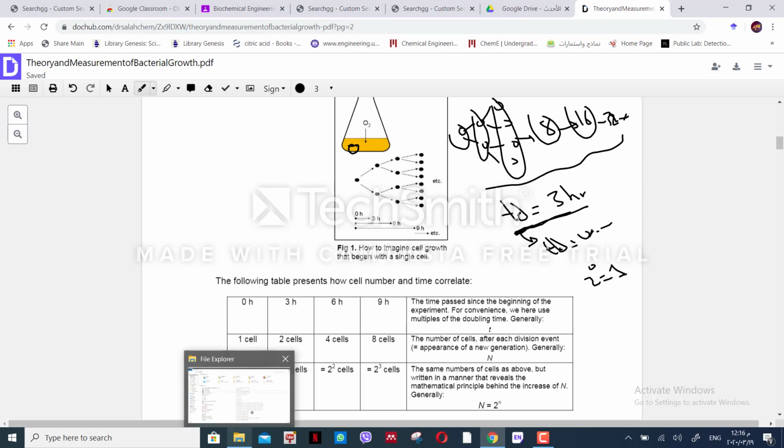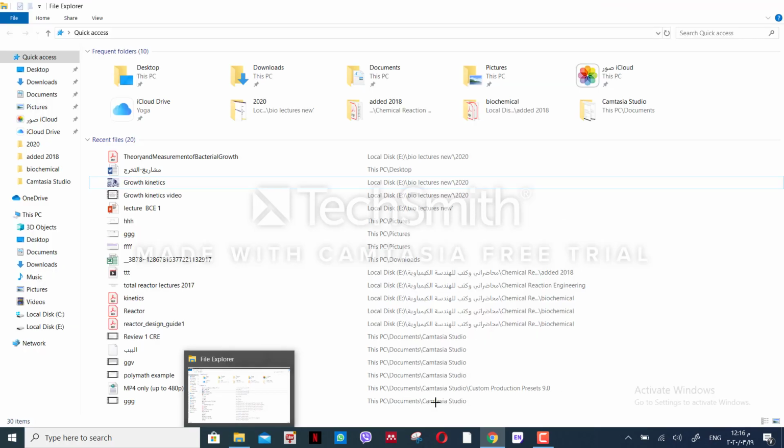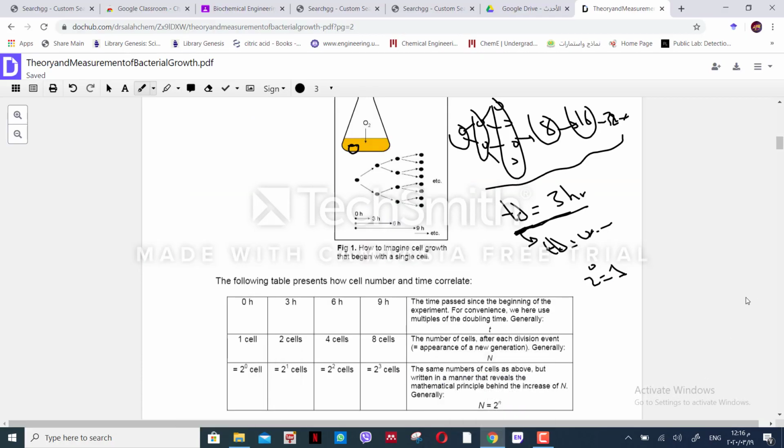So at time 0, after 3 hours, after 6 hours, after 9 hours, as I told you, the first duplication gives 2 cells, after 6 hours 4 cells, after 9 hours 8 cells, and so on. And this is the time passed since the beginning of the experiment.